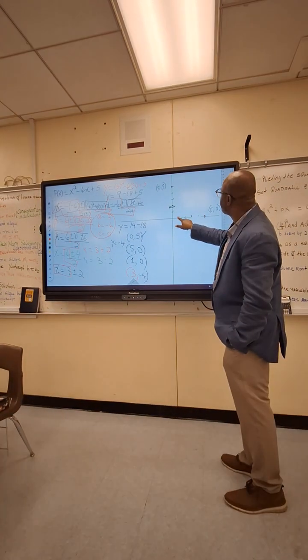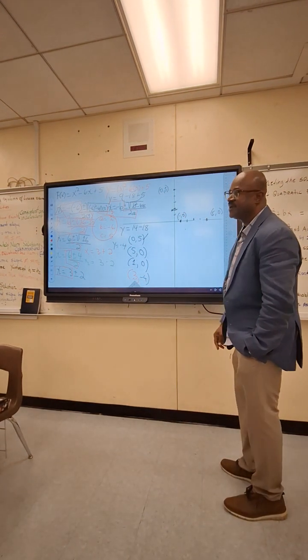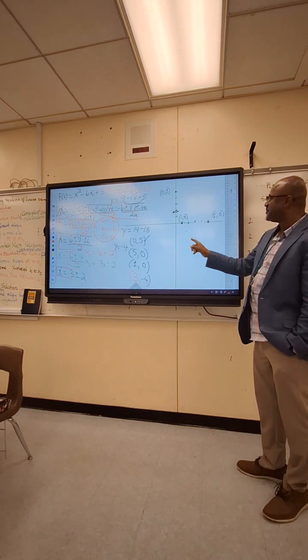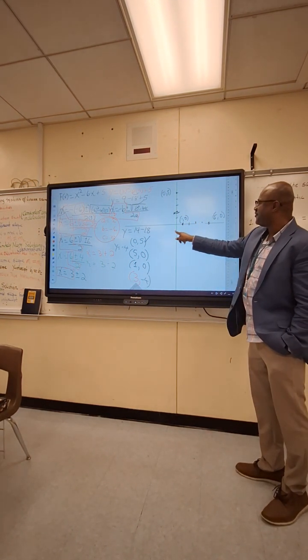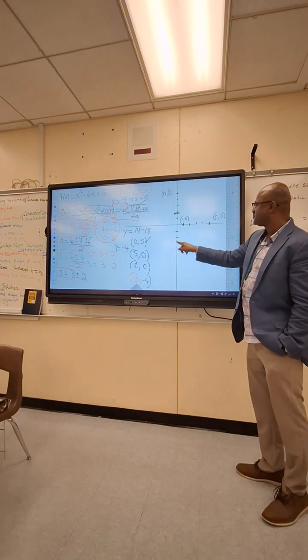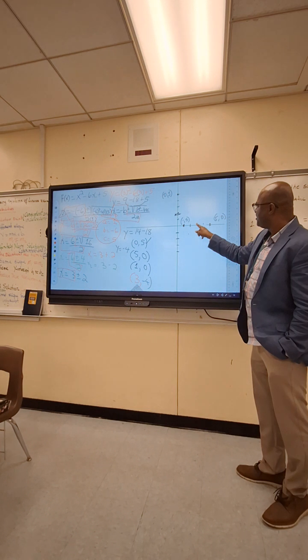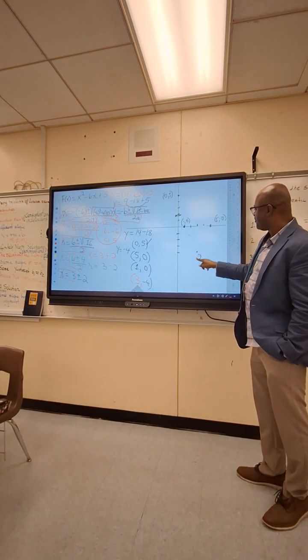This is 1 to the right. 1, 0. And my vertex is what? 3 to the right. 1, 2, 3, and go down 4. Then that will give me 3 and negative 4.